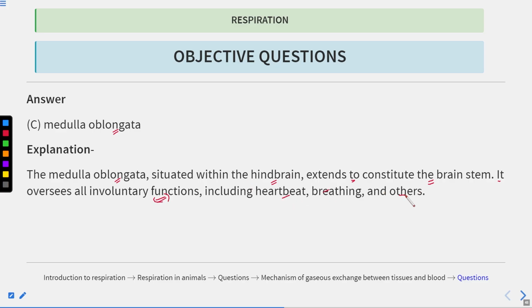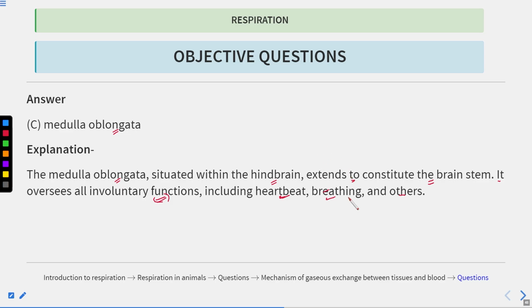I have already told you that breathing is an involuntary function, as well as the heartbeat. Heartbeat is also involuntary. You don't have to think about it. Whenever you breathe also, you don't have to think about it. You can do it without any thought, meaning it is happening involuntarily. All right.